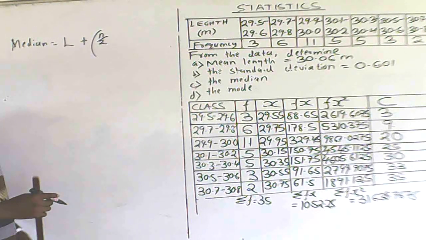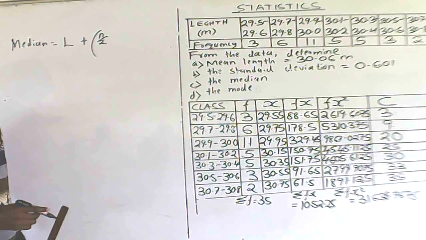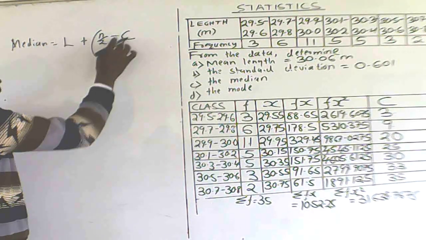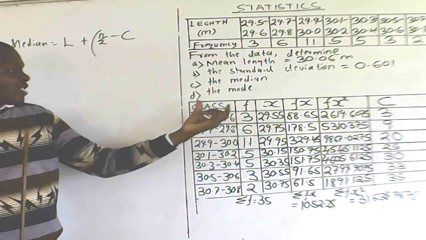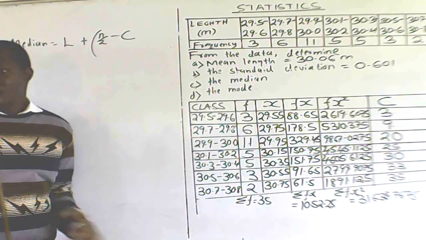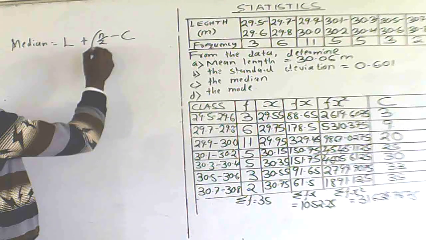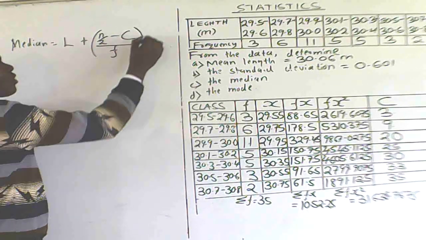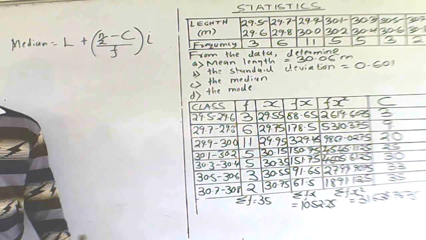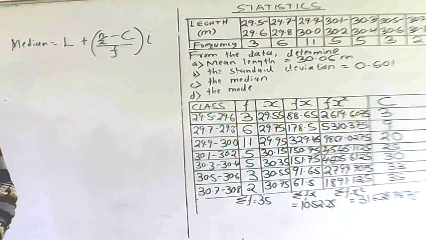It does not mean you take n and divide by 2. Then it is minus c, the cumulative frequency of the class above the median class, because we are using the rank order from lowest to largest data value. Then it is over the frequency of the median class, and the whole of that is multiplied by the class interval of the median class.